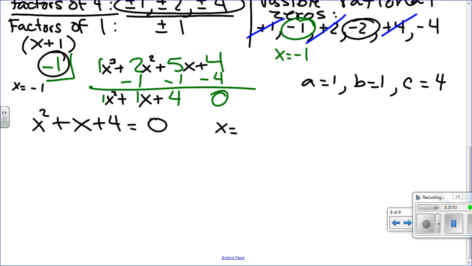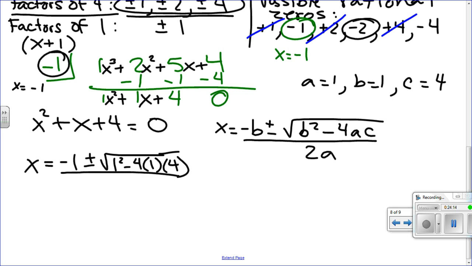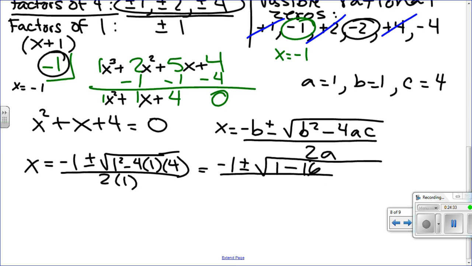So if I use the quadratic formula, negative b plus minus the square root of b squared minus 4ac, everything over 2a, we're going to obtain negative 1 plus minus the square root of 1 squared minus 4 times 1 times 4. Everything divided by 2 times 1. So from here, negative 1 plus minus the square root of 1 minus 16, over 2.